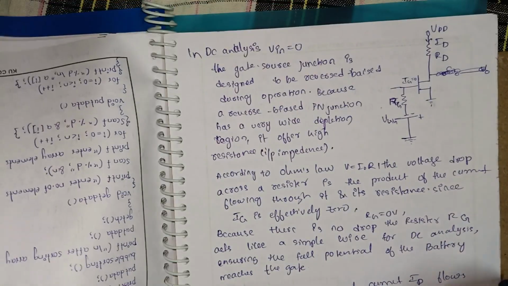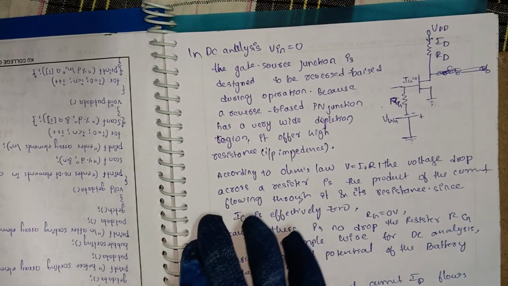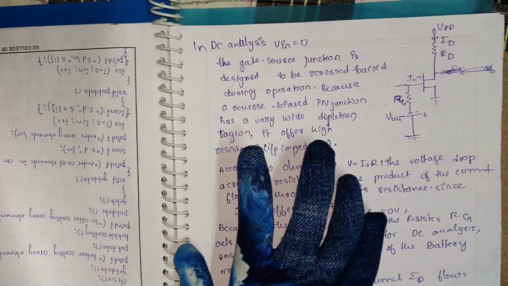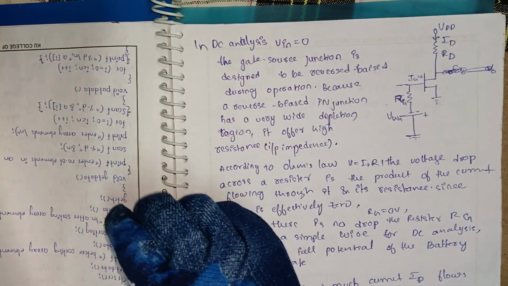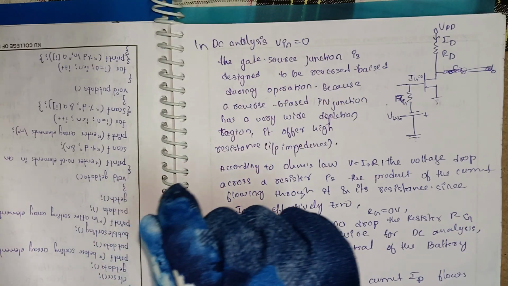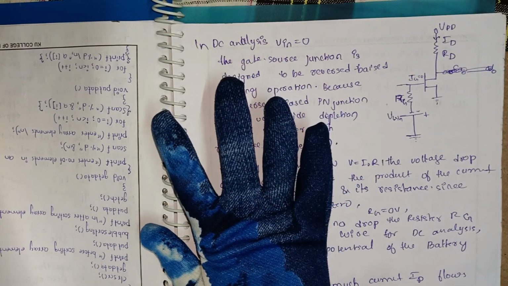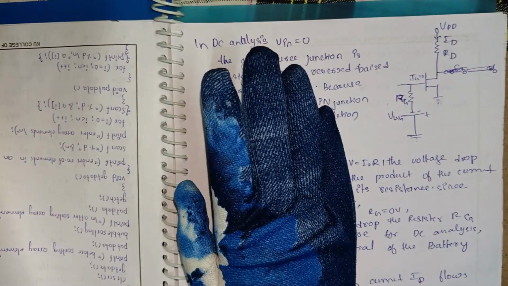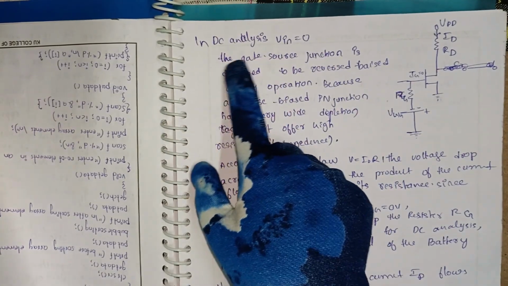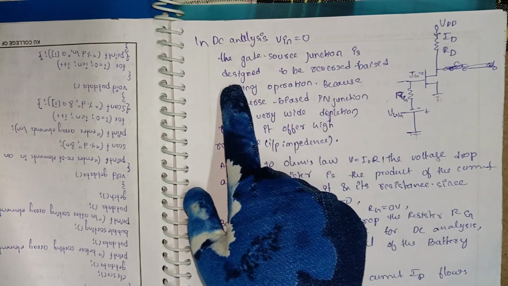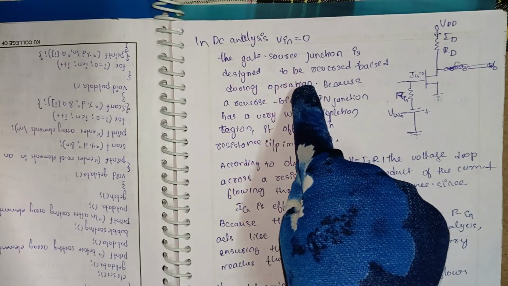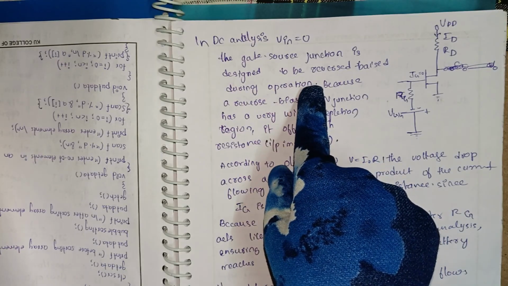In the biasing techniques we are mainly finding VGG or VGS, VDD and the ID current. The gate source junction is designed to be reverse biased during operation, as we saw in the working of the JFET.